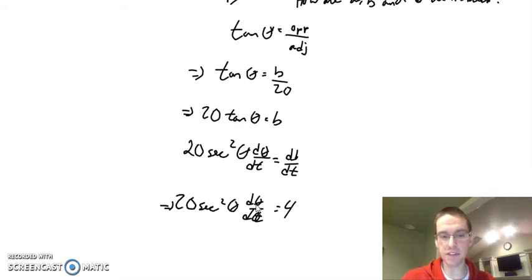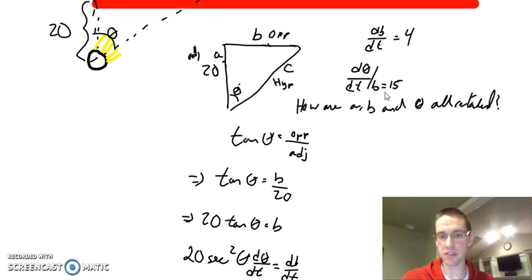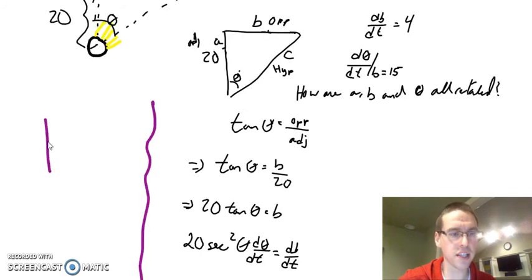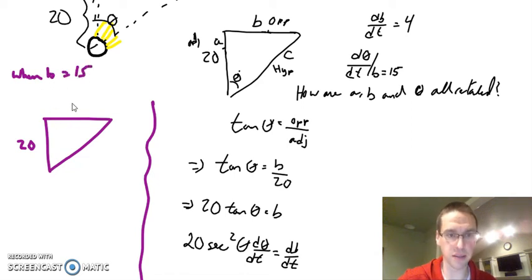Notice that even if I want to find d theta over dt when B is 15, I need to figure out what theta is. So that's where I come to my side. I'm going to draw the same triangle. Okay, 20, but this is when B equals 15. That's okay, because I'm going to plug in. Using Pythagorean theorem, that's 25.